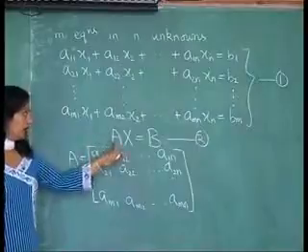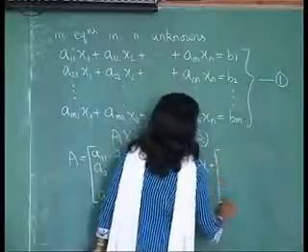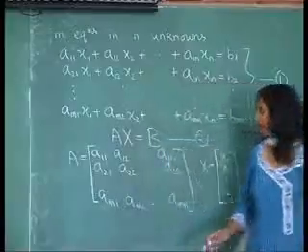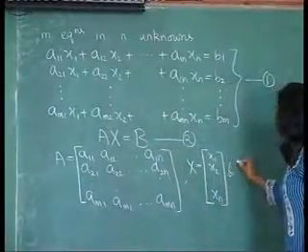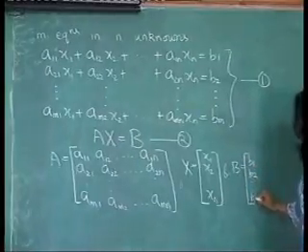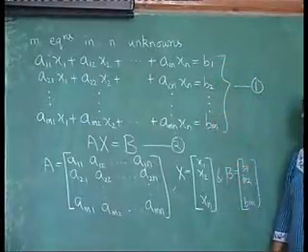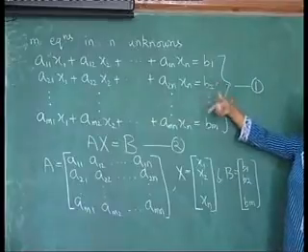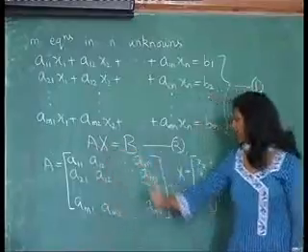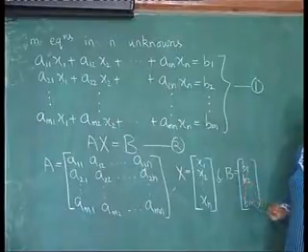So here A stands for the matrix of coefficients, x equal to x1, x2, ..., xn stands for the matrix of unknowns, and B equal to b1, b2, ..., bm stands for the matrix of constants that occur on the right hand side. So the same system of equations can be represented in matrix form as Ax equal to B, where A is the coefficient matrix, X is the matrix of unknowns, and B is the matrix of constants.